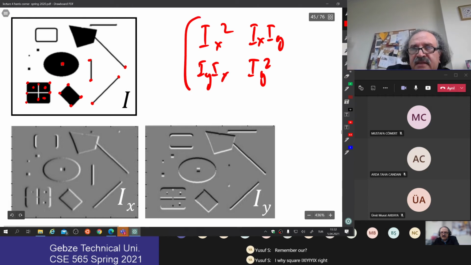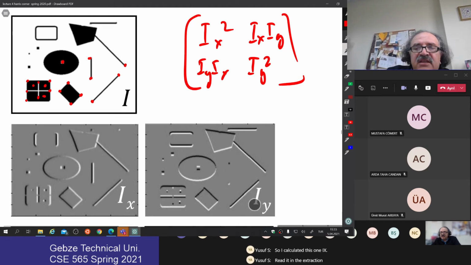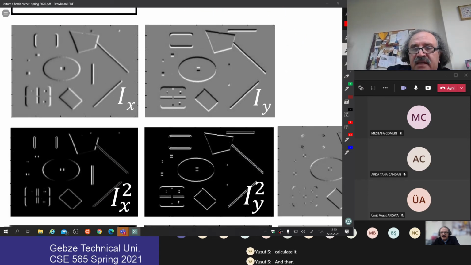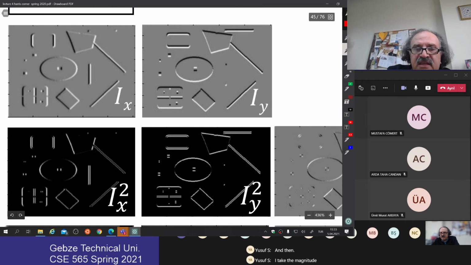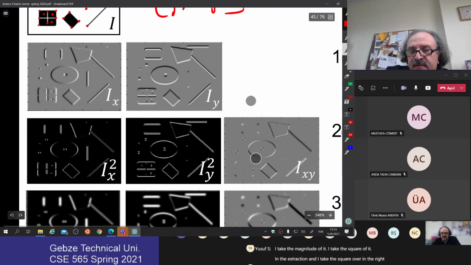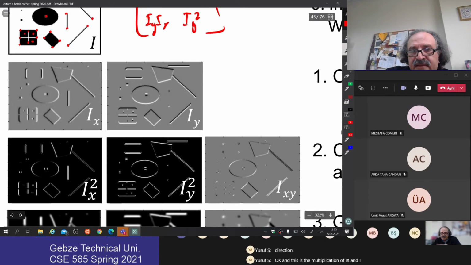So I calculated the gradient in the x direction and the gradient in the y direction, and then I take the square of it in the x direction and the square of it in the y direction. And this is the multiplication of Ix and Iy. Good, I did that too.